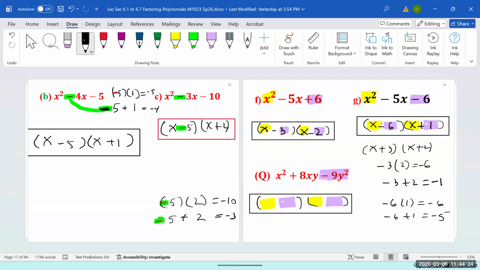The only difference is the negative sign in front of 6. The first one is a positive sign, the second one is a negative sign. Because of that only difference, they have completely different factors. So you always have to verify your scenario: multiply to the constant, add to the middle term. So this one we got wrong, this one we got correct.